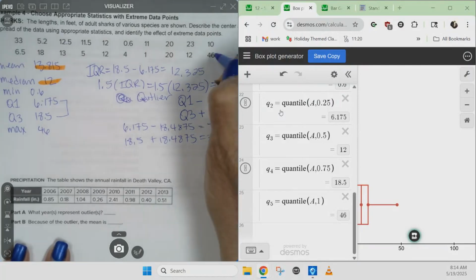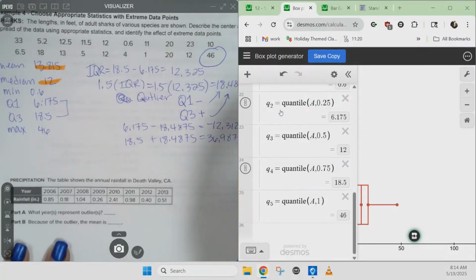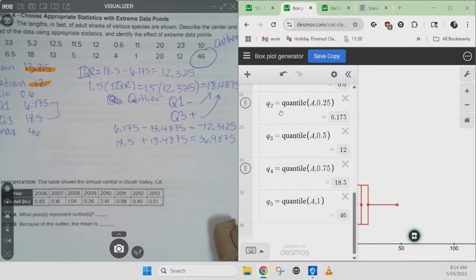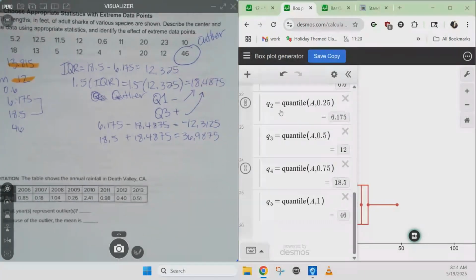Look at this. This number right here is bigger than 37. So 46 is the outlier of this. Okay, and that's all you would do.